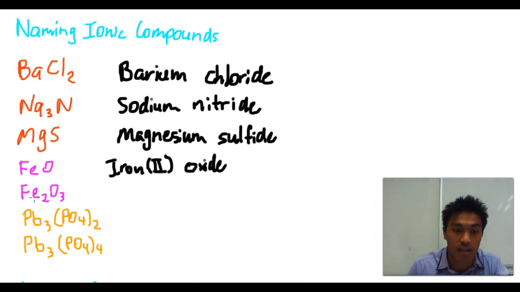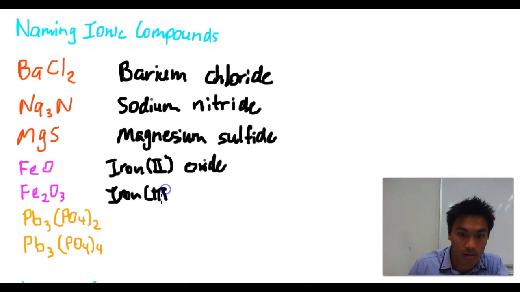If we divide -6 by 2, you have -3. So we need 2 of these, and they must be +3, because +3 times 2 is +6, and there's already a negative charge of -6, so it ends up being neutral. So we have iron(III) oxide.